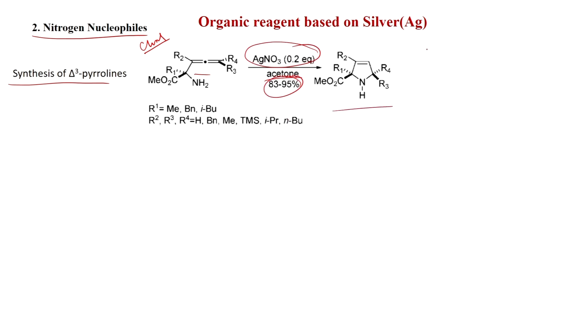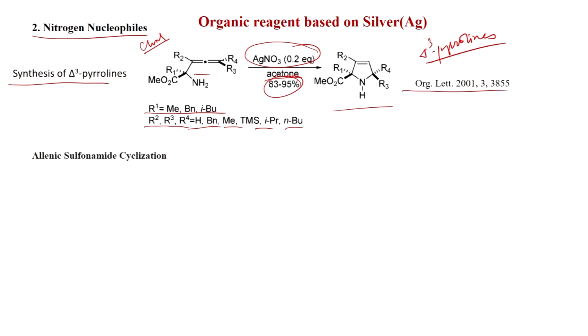So these are delta 3 pyrrolines, and R1 can be methyl, benzyl, isobutyl, R2, R3, R4 can be hydrogen, benzyl, methyl, TMS, isopropyl, n-butyl. Different groups can be screened, and this work was published in Organic Letters 2001.